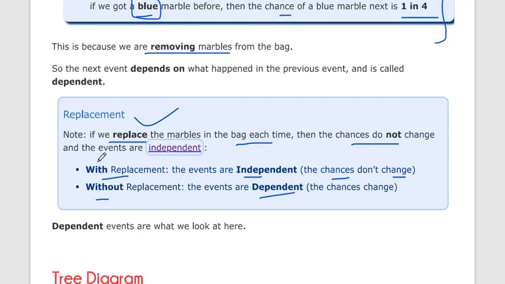In a question, you first of all have to see whether they have given with replacement or without replacement, so that you can identify the event. As I said earlier, in the exam they will not tell you that this is a dependent event, this is an independent event, or this is a mutually exclusive event. You have to first identify the event, then you can use the equation.